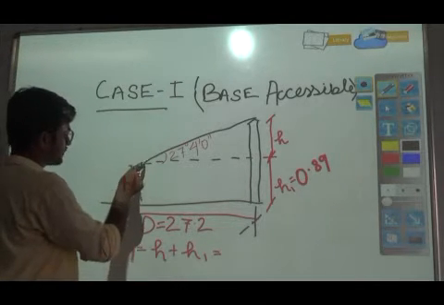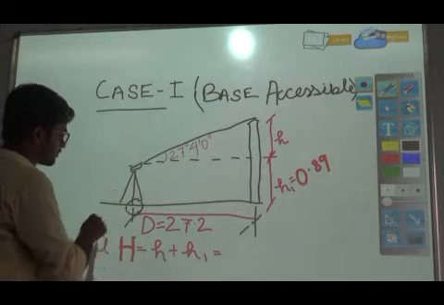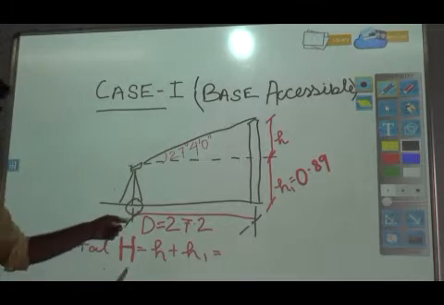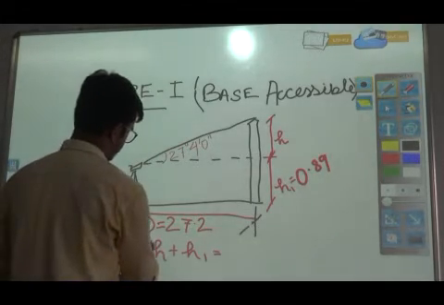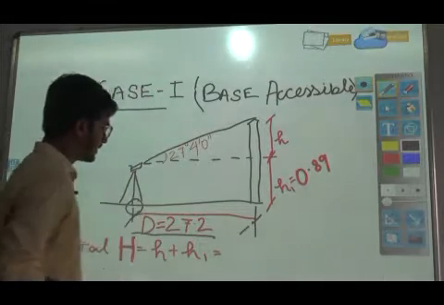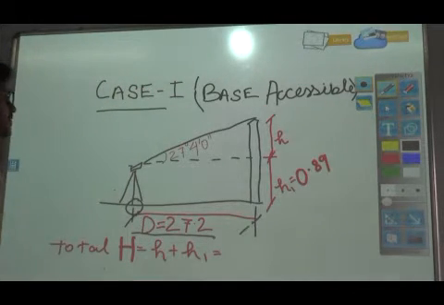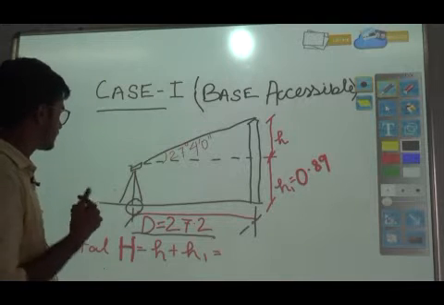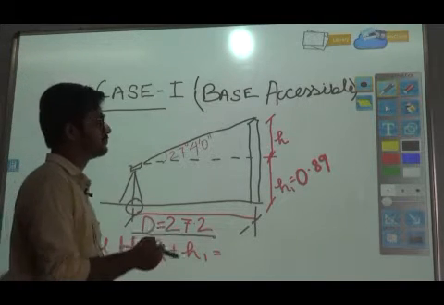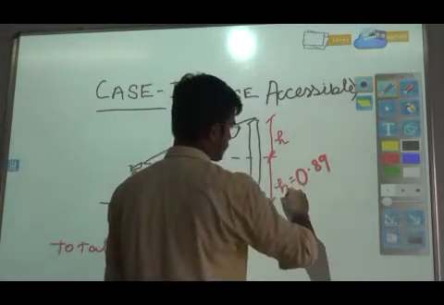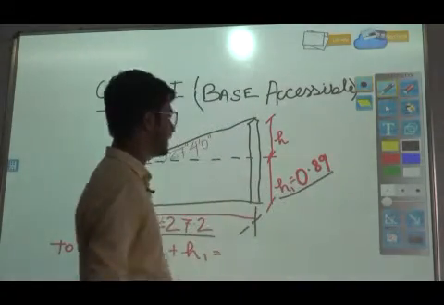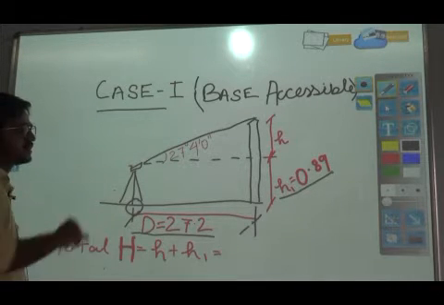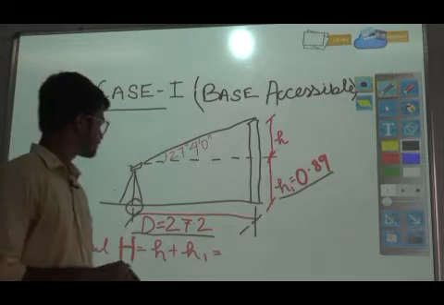First we set up the instrument over here, and after completing the temporary adjustment, we measured the distance from the instrument station to the object, that is 27.2 meter, d is equal to 27.2 meter. With the vertical circle at 90 degrees, we observed the reading H1 as 0.89 meter. This is H1, the height of instrument of the theodolite.